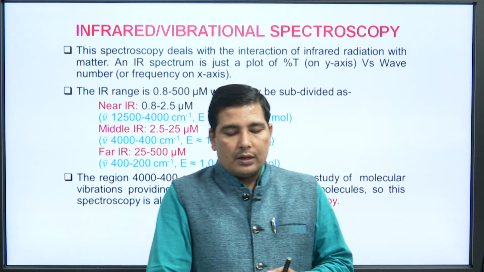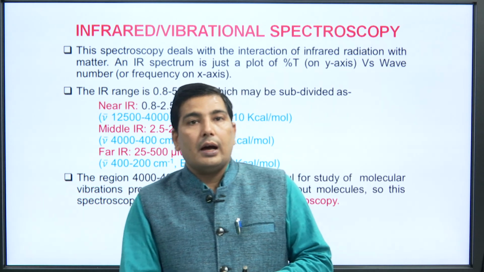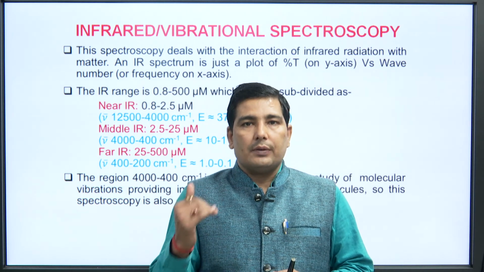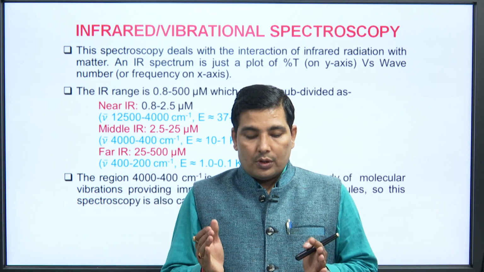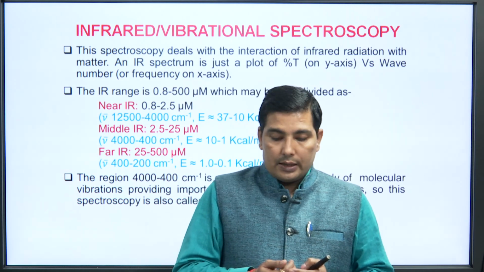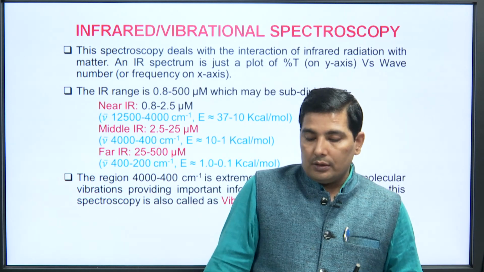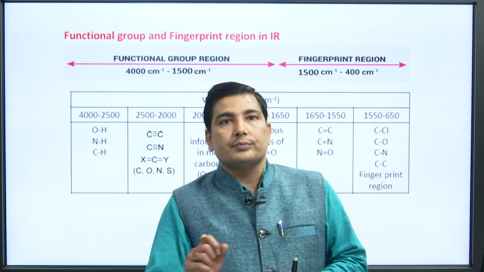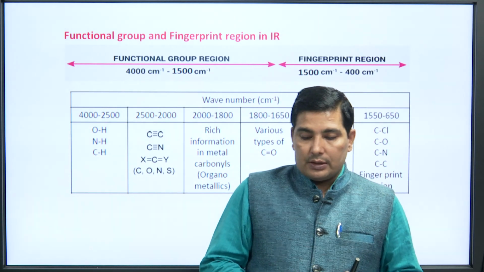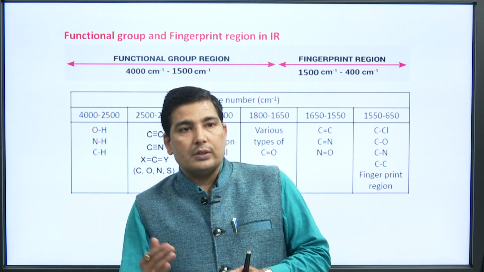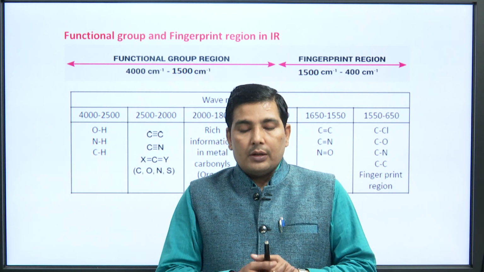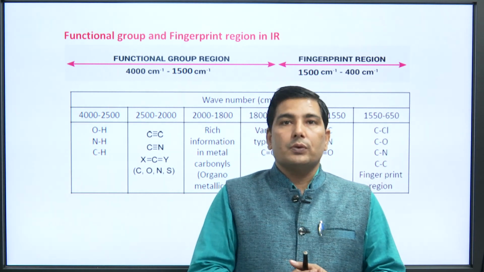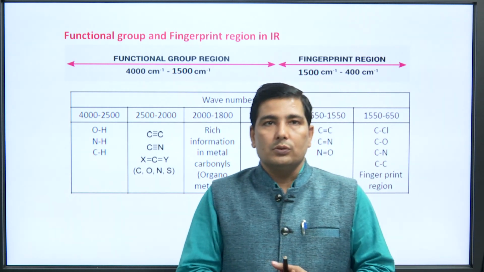The energies of this region are enough to change the vibrational level of the molecule. So, this is also called vibrational spectroscopy. In this vibrational spectroscopy, we use IR, and especially 4000 centimeter inverse to 400 centimeter inverse is frequently used.